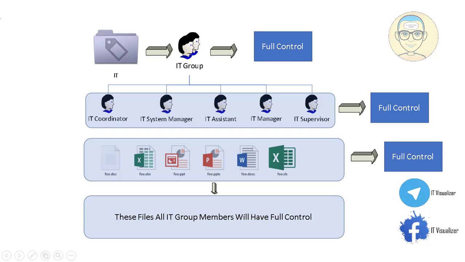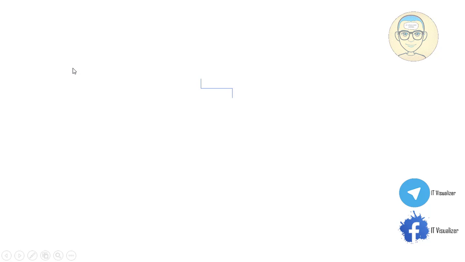All members of the IT group will have full control over these files, because the IT group has full control, so it is inherited by the members, and these files are in this folder, so the full control is inherited. Okay, so this is the normal sharing process, but when we use the DAC rules we will use a different concept.